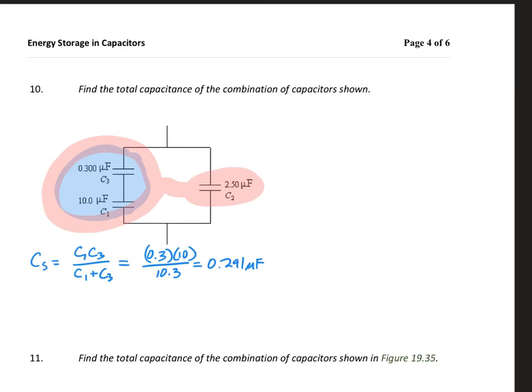And so the parallel thing is just a sum. It's going to be the one on the left plus the one on the right. So 0.291 plus 2.5 is going to give me 2.79 microfarad. Easy peasy.